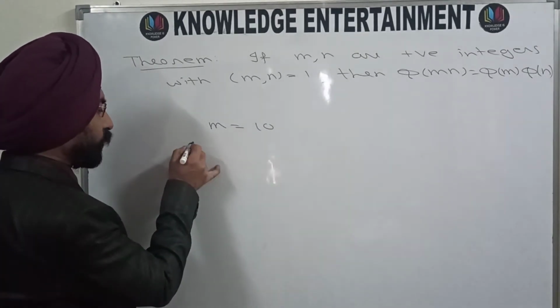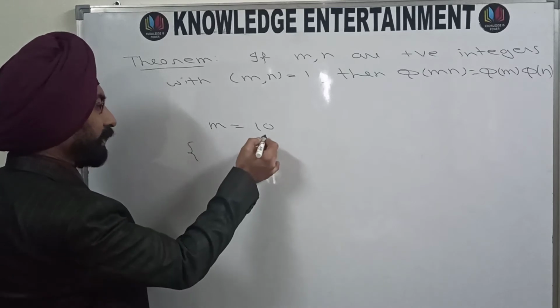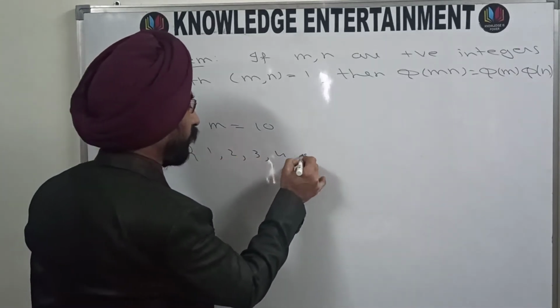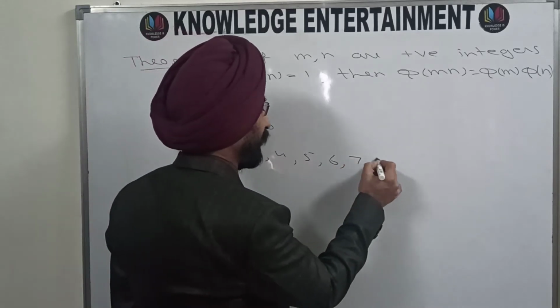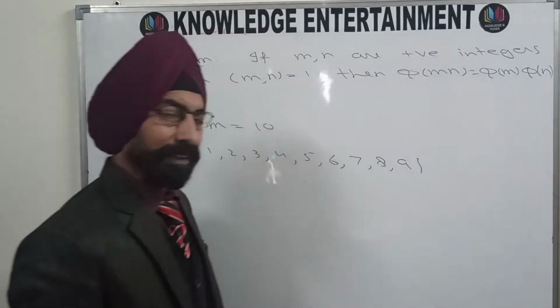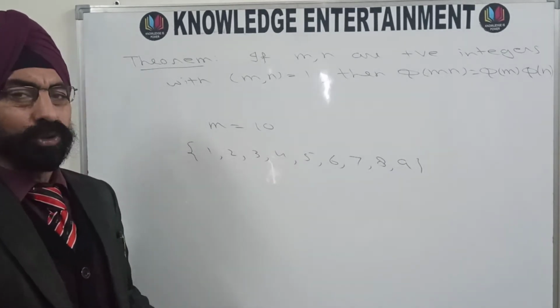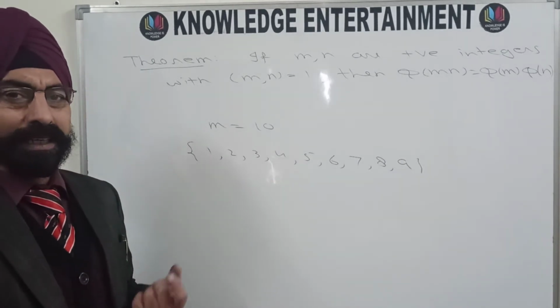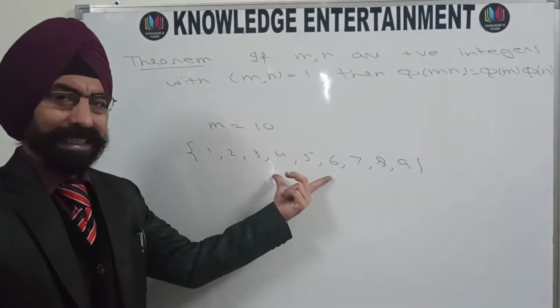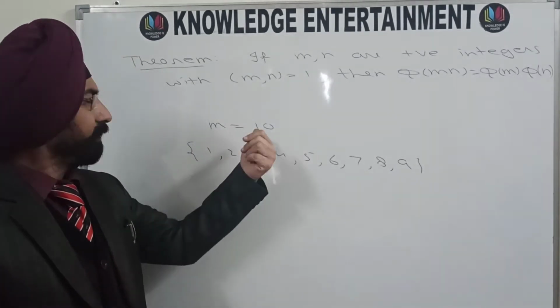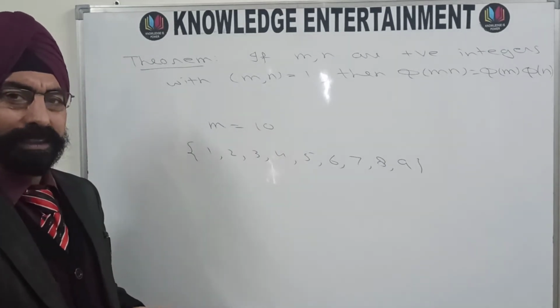the reduced residue system, that is 1, 2, 3, 4, 5, 6, 7, 8 and 9. This is the residue system, least positive residue system, leaving 0. And now from these pick up only those which have GCD 1 with the number m, that is 10.